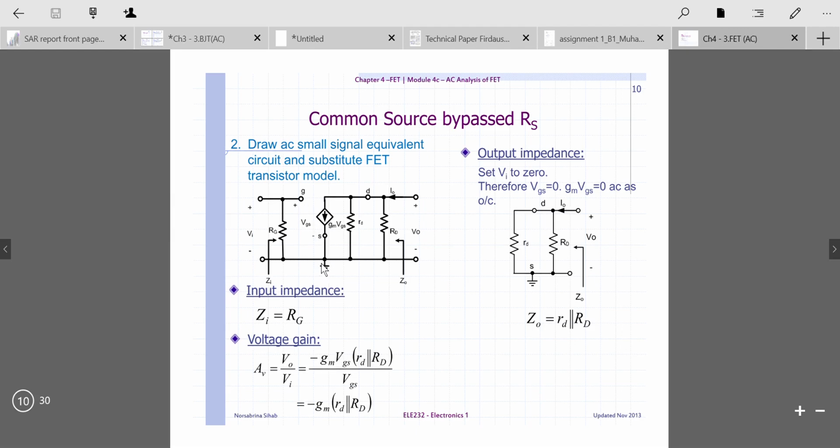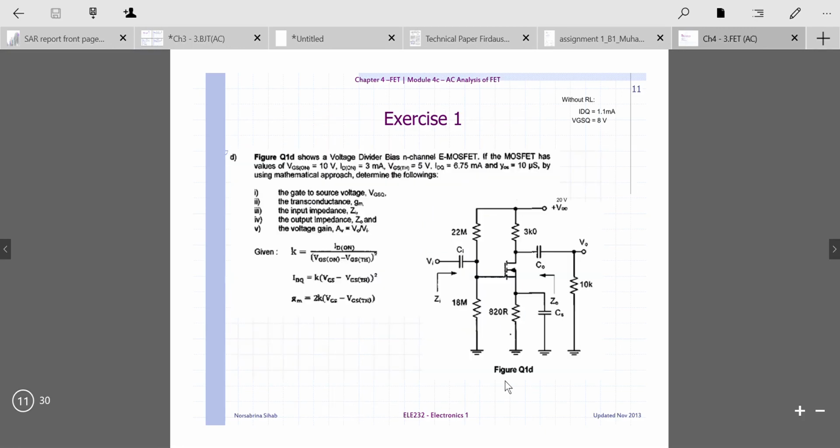The output here is actually the current Iout multiplied by the output impedance. The current that flows through rd is equal to minus gm VGS, multiplied by the output impedance. So the equation for voltage gain is equal to minus gm multiplied by rd in parallel with RD.